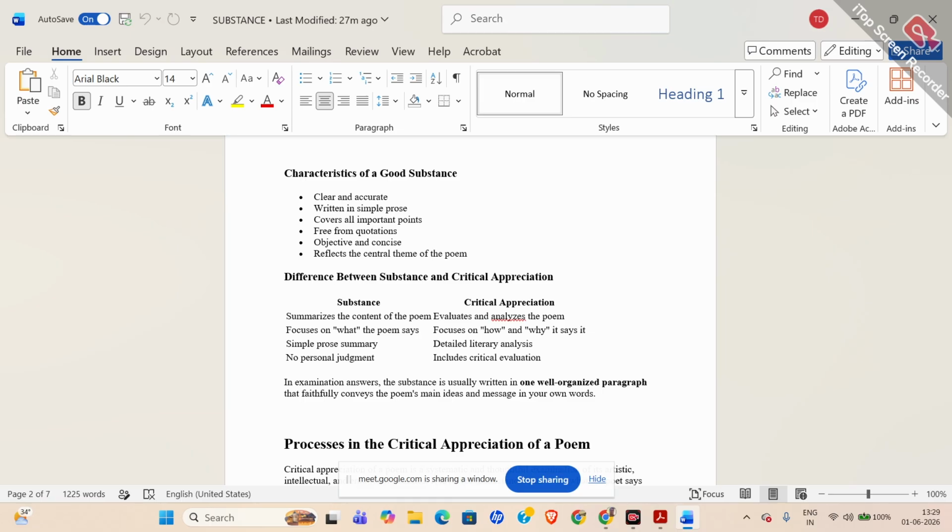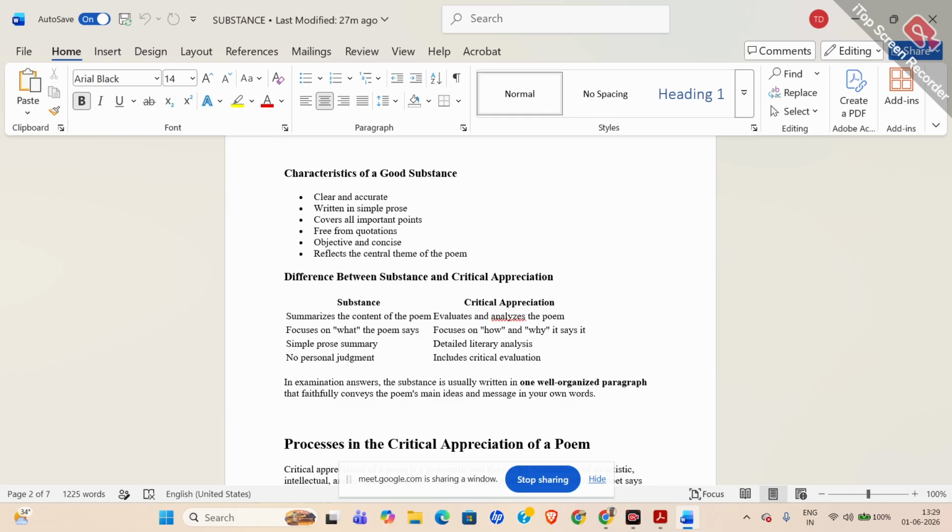You have to say to yourself that I am going to take this line and I am going to write the substance of these few lines. Out of 16, you take maybe 10 or 11 lines. The other 5 or 6 lines you just discard because they are not so important in terms of literary merit or in terms of writing the substance. So covers all important point, অত important নয় যেগুলো, সেগুলোকে বাদ দিয়ে important গুলোকে cover করবে। Free from quotations.